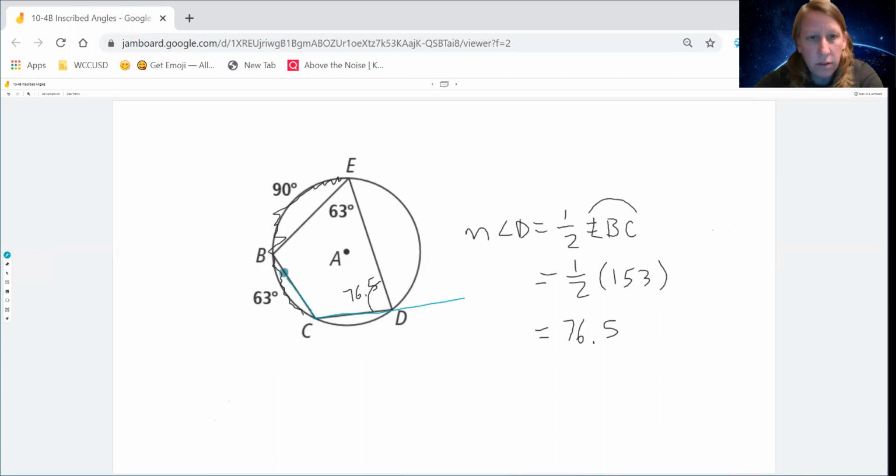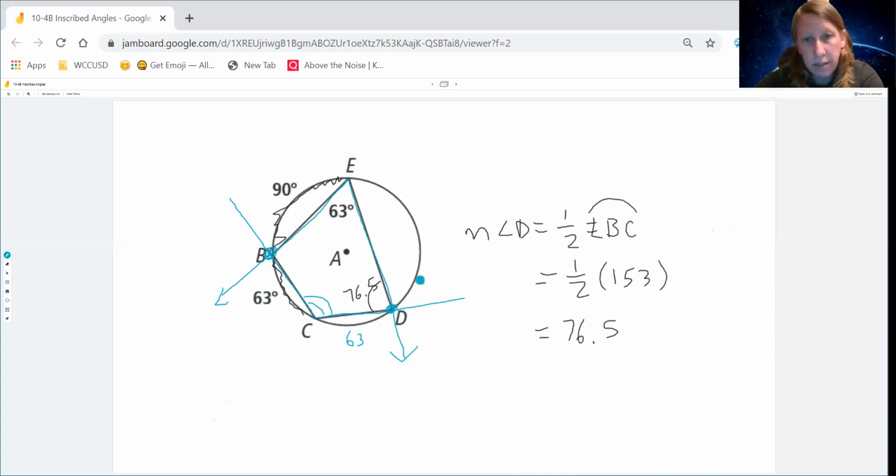This angle right here, angle C, cuts through the circle at point B and point D. Now I don't know the measure of this arc at the moment, but I do know that it's the other part of the circle from here, because angle E also cuts through the circle at B and C. So this happens to be 63.